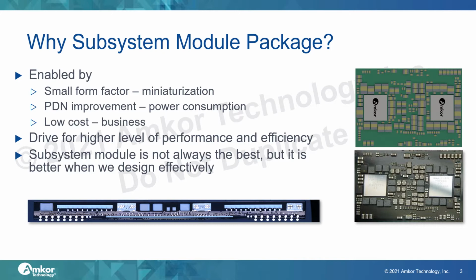It provides power distribution network challenges such as controlling mounting or spreading inductance because of a number of layer count and larger size of motherboard. So in order to mitigate these issues, novel device packaging such as a system module package is necessary.